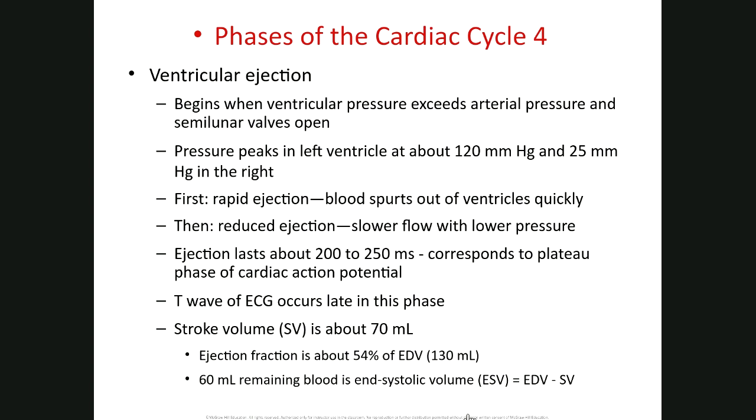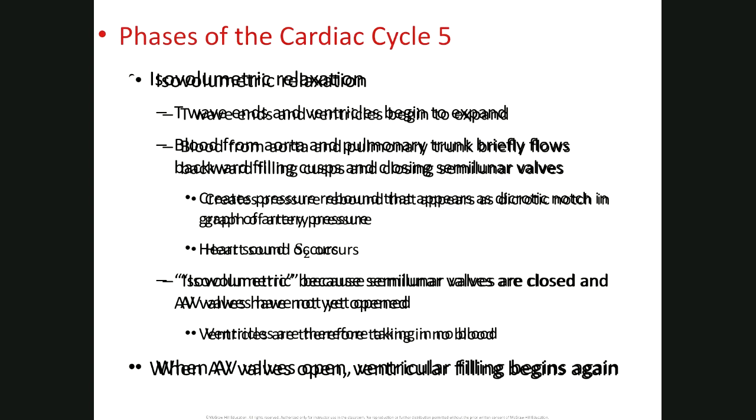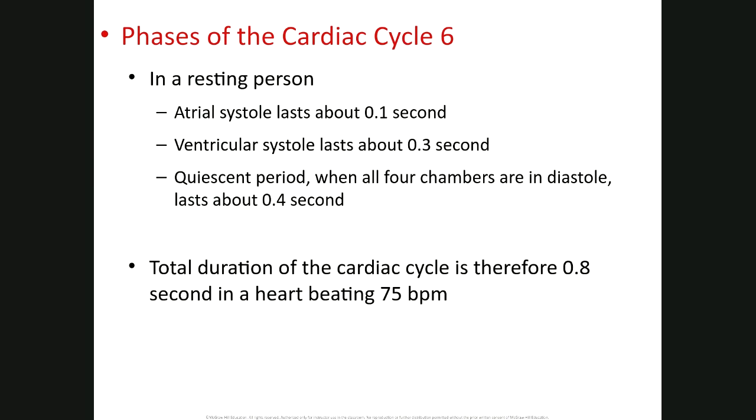All right, good. Let's go ahead and put some math to this. I just want to read this real quick. In a resting person, atrial contraction lasts about 0.1 seconds. Ventricular contraction about 0.3. When all chambers are relaxed, about 0.4 seconds.